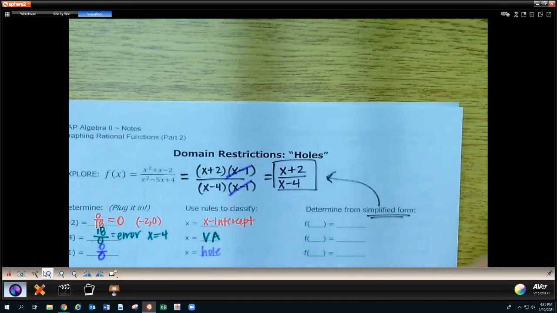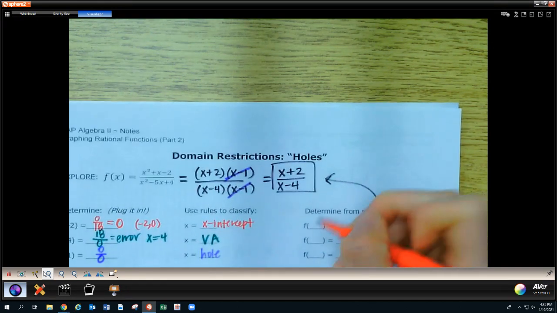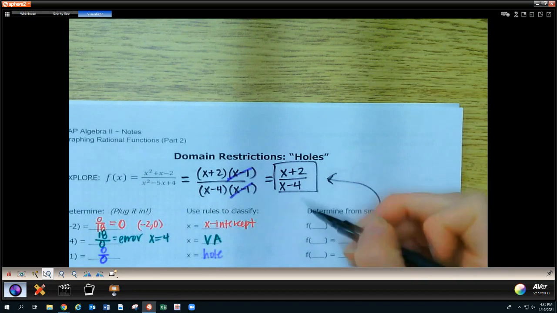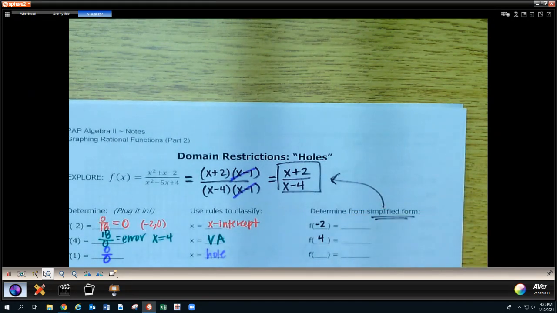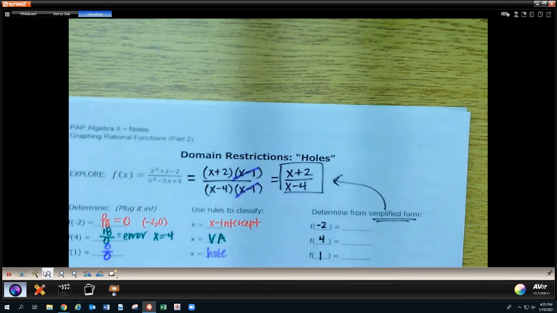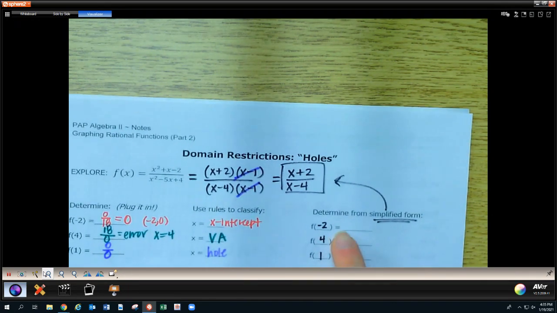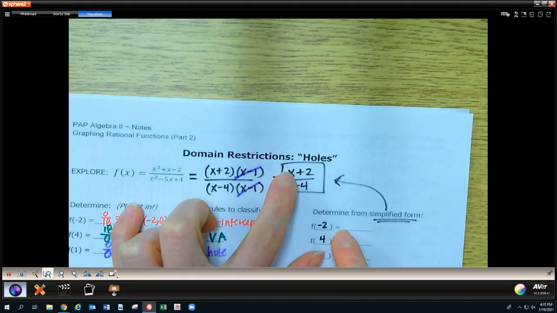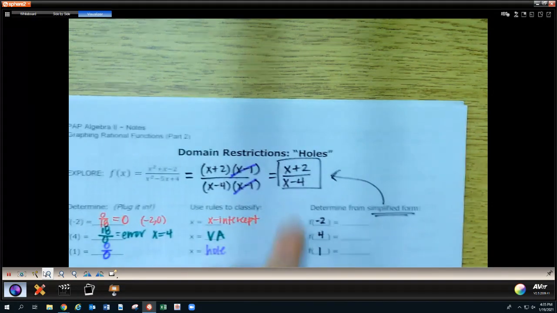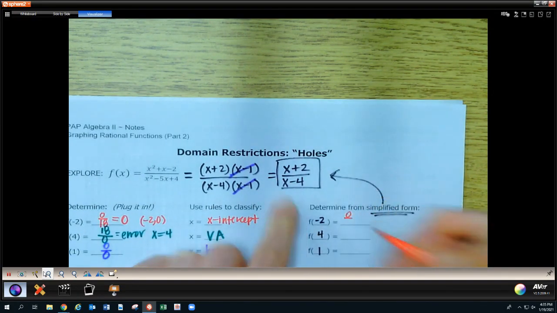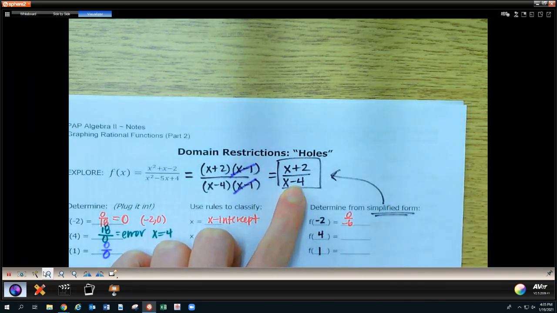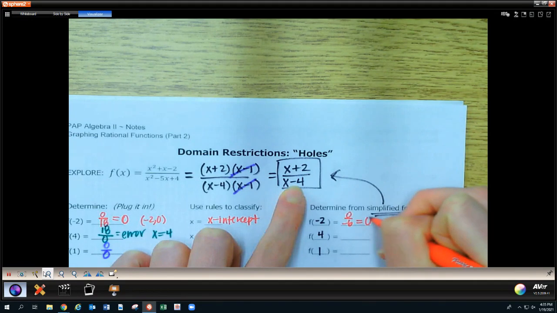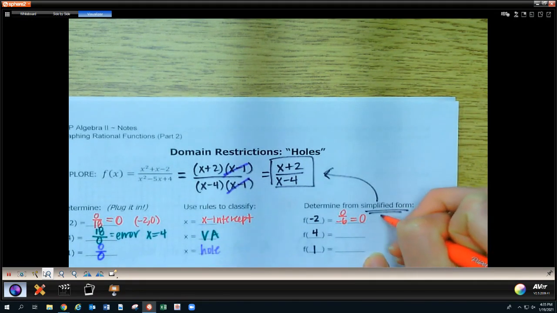Now we're going to plug in all the same values: negative 2, 4, and 1, and see what we get. If I plug negative 2 into this function, negative 2 plus 2 is 0 on top, and negative 2 minus 4 gives me negative 6 on bottom. 0 over negative 6 is still 0, so (-2, 0) is still our x-intercept.